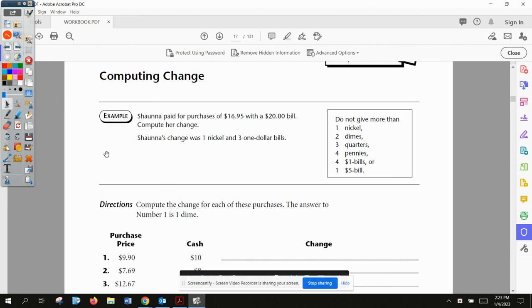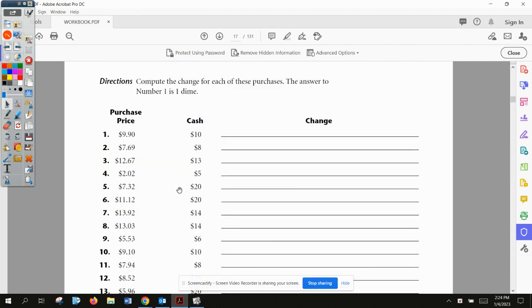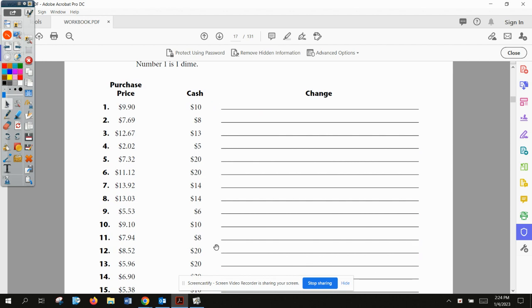So what you're going to do first is take the cash amount, the amount that you are being given. If you are, for example, working a cash register at Redner's, let's just say. So I'm going to take this cash amount, it's $10, and put it in decimal format.